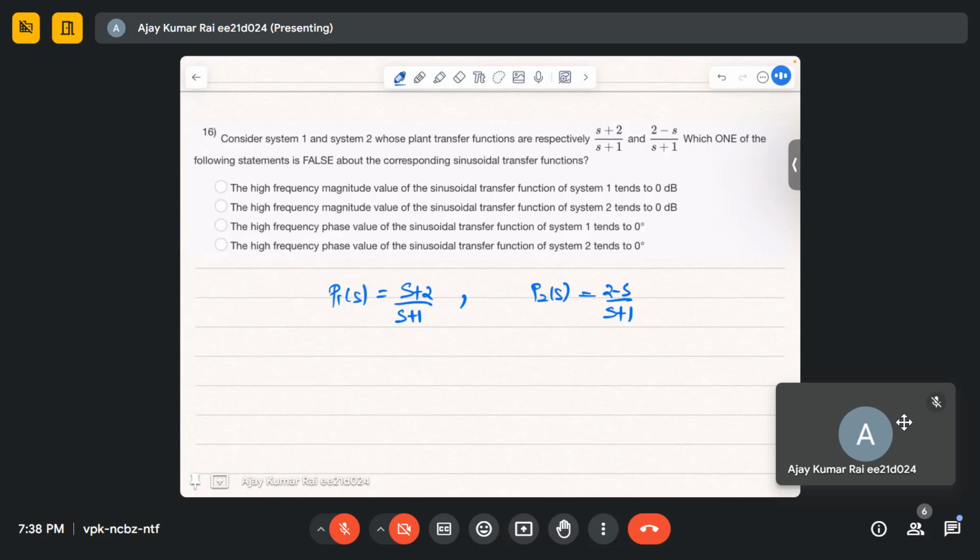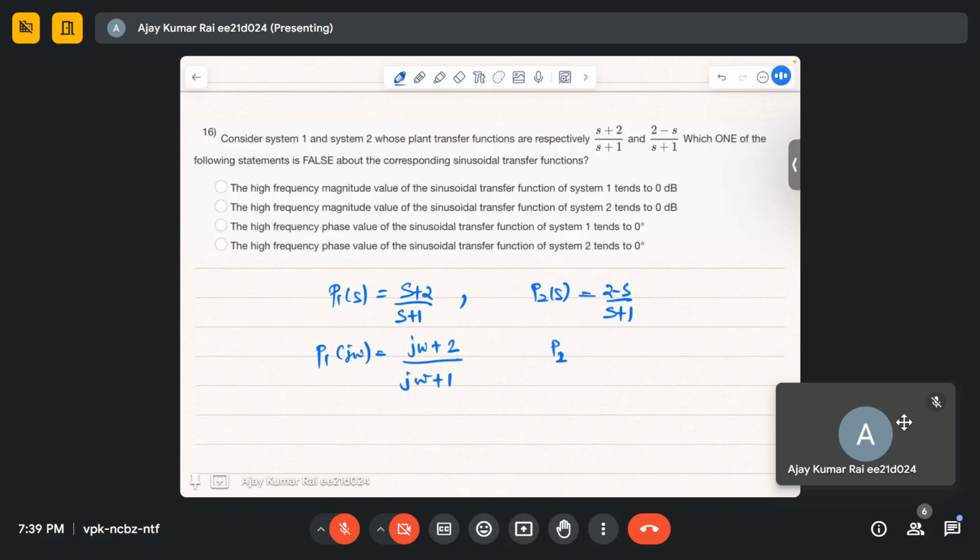The high frequency magnitude value of the sinusoidal transfer function of system 1 tends to 0 dB. You know the magnitude of both of these will be same. P1 of j omega is j omega plus 2 over j omega plus 1.